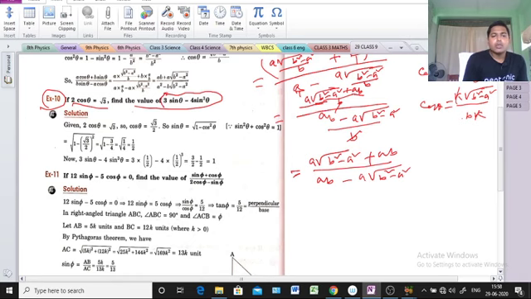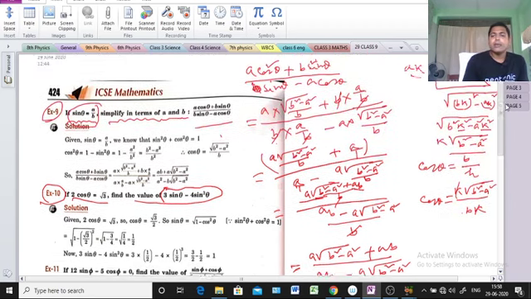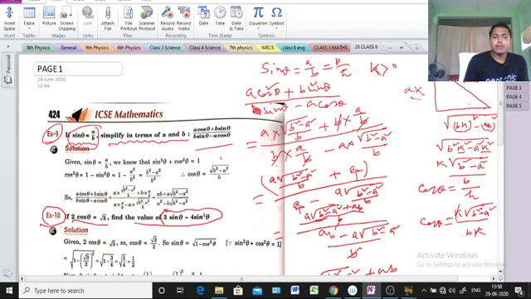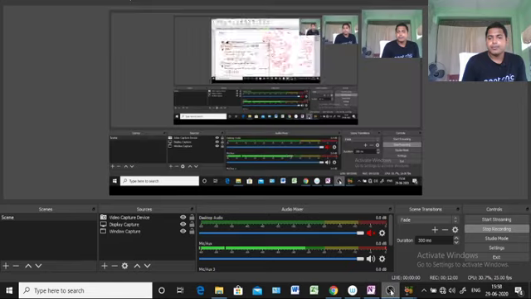This one is easy also, everyone try. Example 9 was a little bit in the general case, in general means no particular value was given. Here in example 10, 2 cos theta equals root 3 is given, but there in the general case a by b was given. If you take the particular case, the solution will be easy. So at first everyone try it. Example 10, try it.